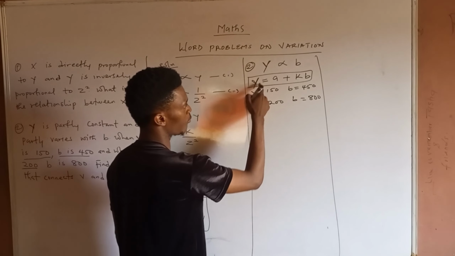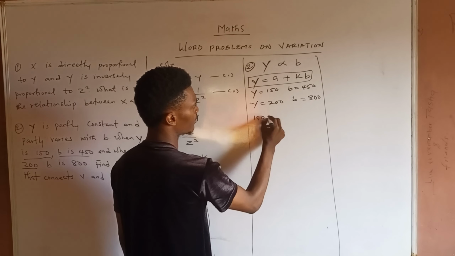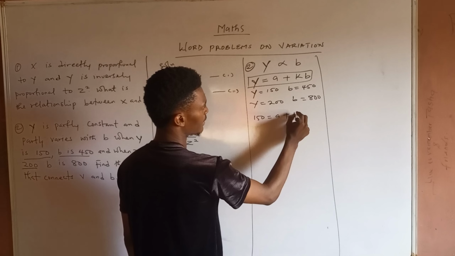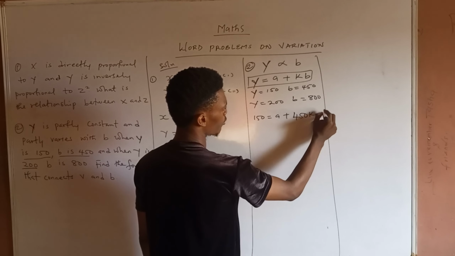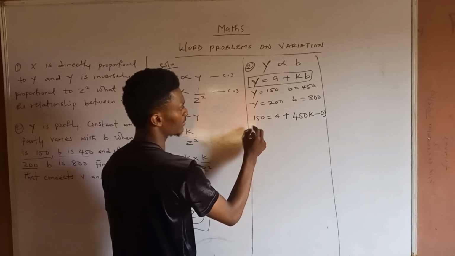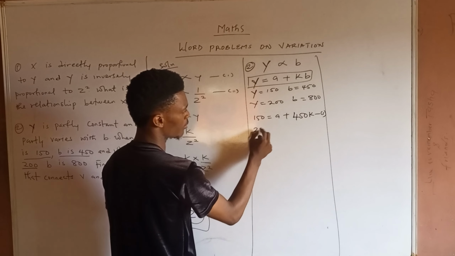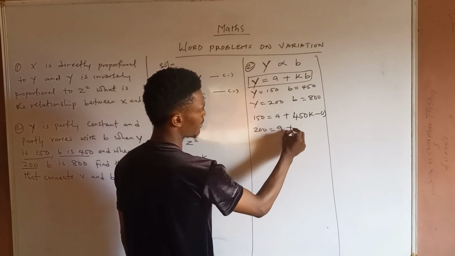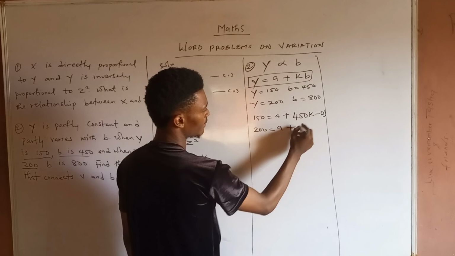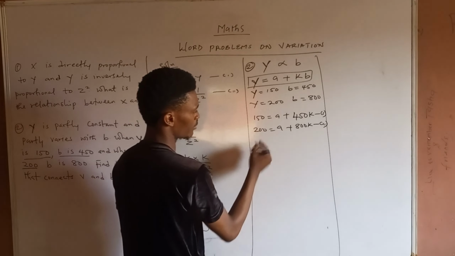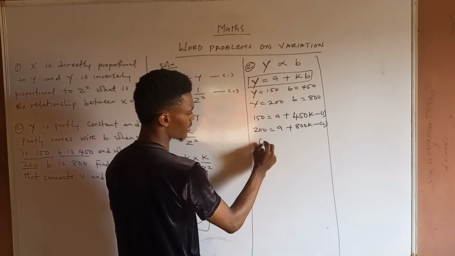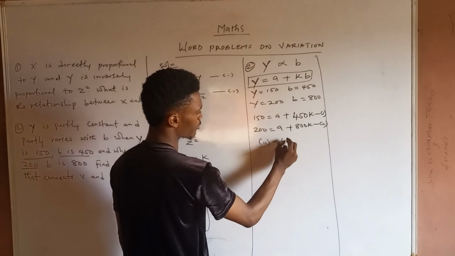That becomes, in place of y, we put 150 equal to a plus 450k. That's equation 1. Then in the second equation, we have 200 equal to a plus 800k. That's equation 2. So just like what we usually do, we subtract equation 1 from equation 2.